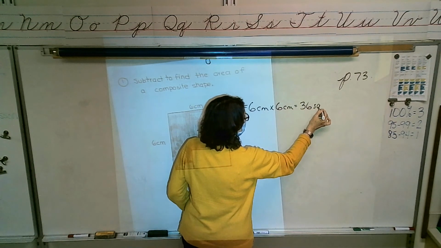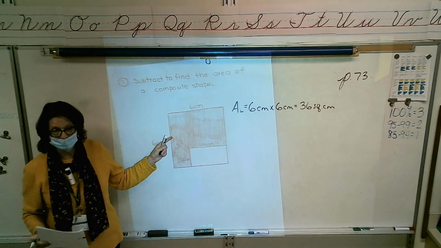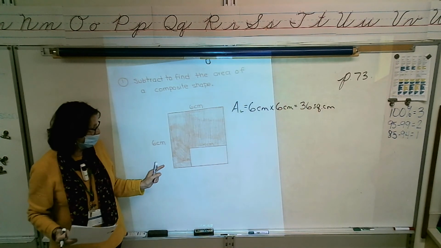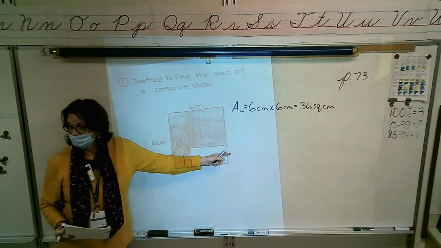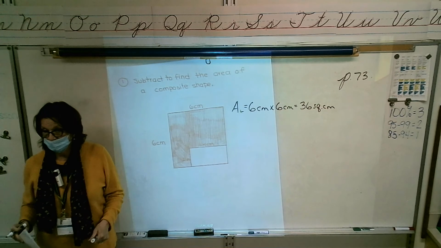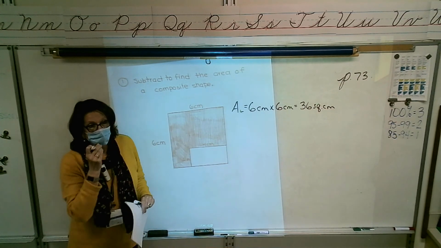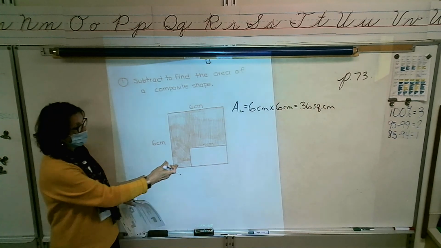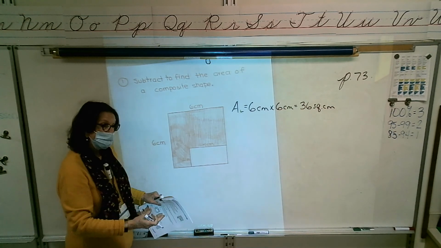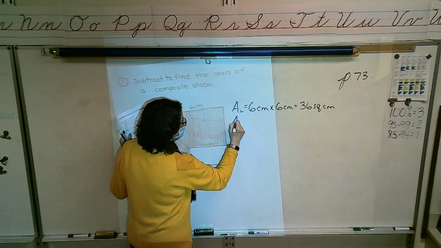And now let's just refresh our memory. What does 36 represent? The area of the large, not the gray, but the large rectangle. We're trying to find the gray part, but 36 represents the area of the whole thing. Okay? Now, I think we said we could subtract or cut out the white part, right? Well, what is the area of the white rectangle? So let's write another number sentence.